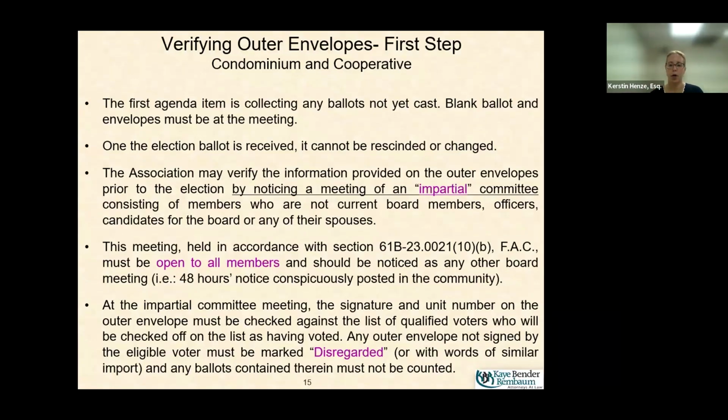The impartial committee has to consist of members who are not board members, who are not officers, and who are not either a candidate or the spouse of any of them.